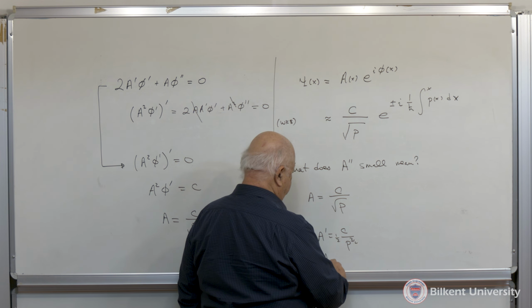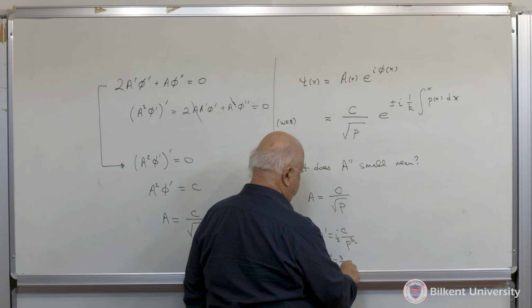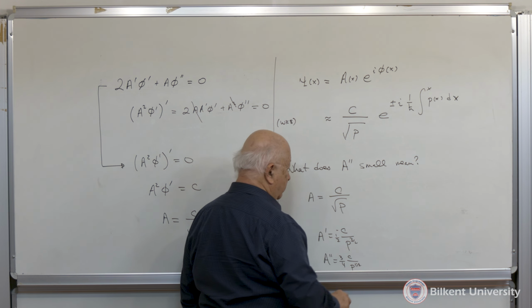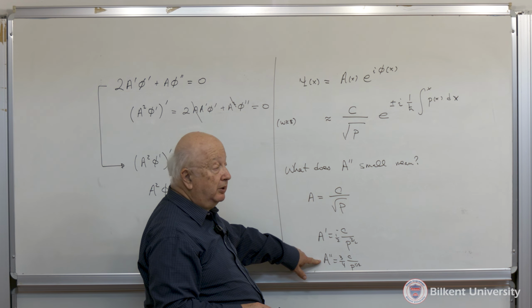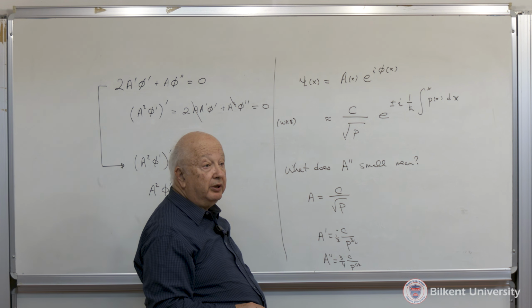One more derivative, A double prime is going to be, there's a minus sign, but now it becomes plus, 3 over 4 C P to the 5 over 2. So small A double prime means my P should be large.